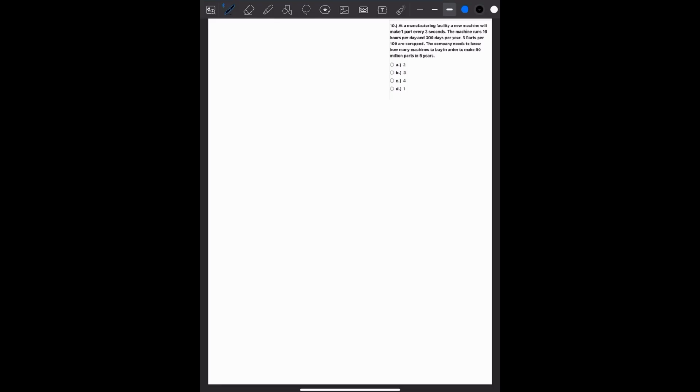So looking at this, let's say we make one part every 3 seconds. They run 16 hours per day. So we're going to say that there's 3,600 seconds per 1 hour.